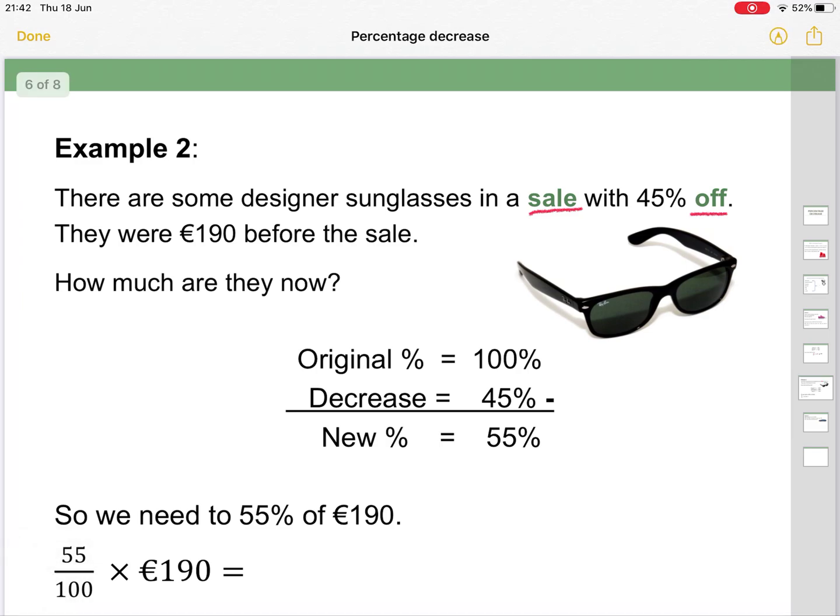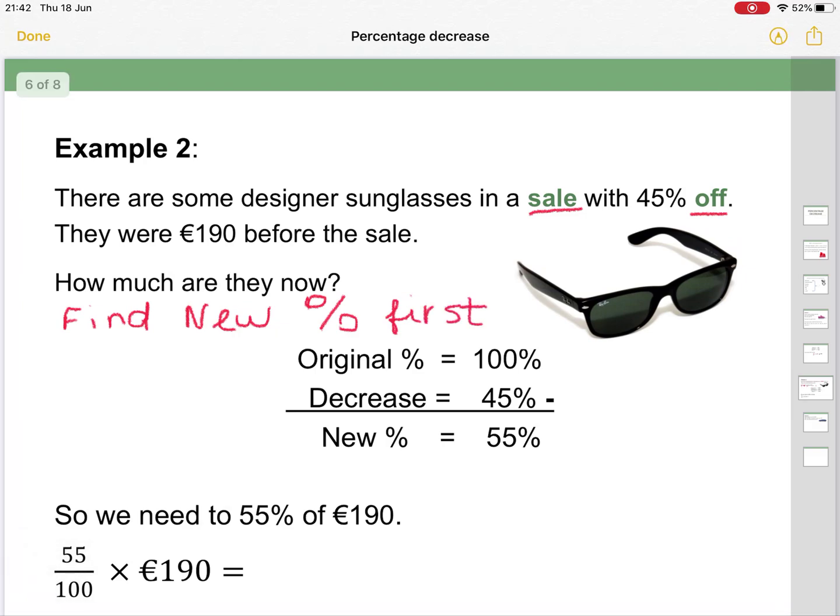So it is a case of a percentage decrease, all right? We start by finding the new percentage first.